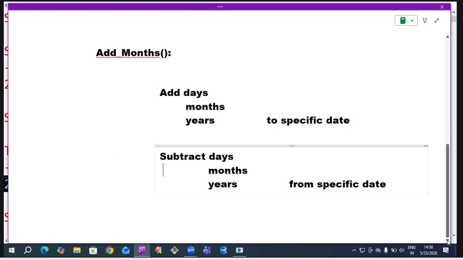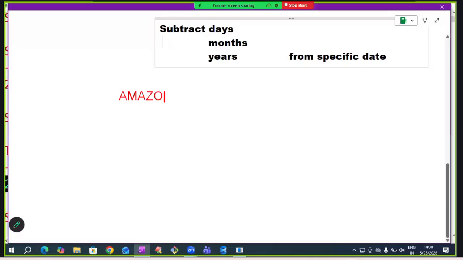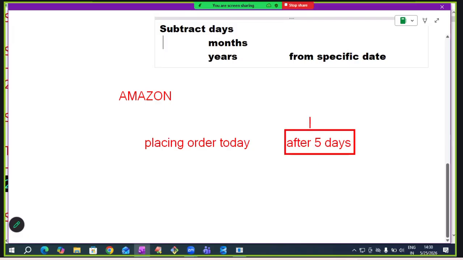For example, in the Amazon online shopping website, you are placing an order today, sir. Amazon wants to deliver it after 5 days. Now here we need to get the date after 5 days, which means a future date. So what we need to do? Add 5 days to today's date.